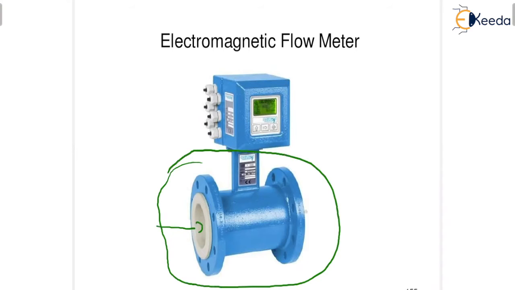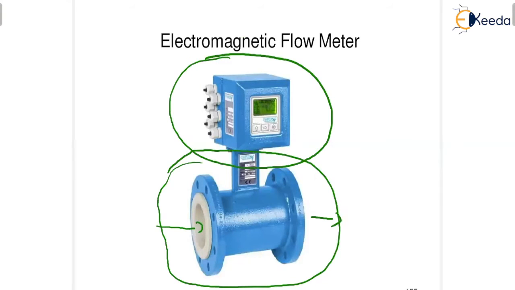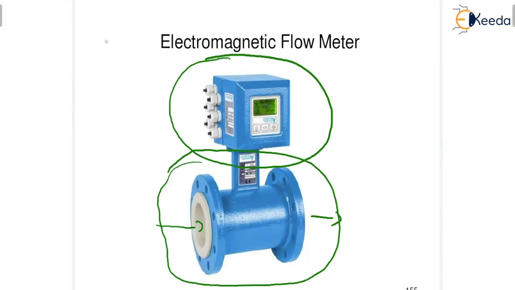And here it is coming out. This particular device is generally the physical device for the measurement of the flow of the liquid, my dear students. This is the physical device we are going to study in detail: the internal architecture and what principle the electromagnetic flow meter works on, and all these things we are going to discuss in a detailed manner.